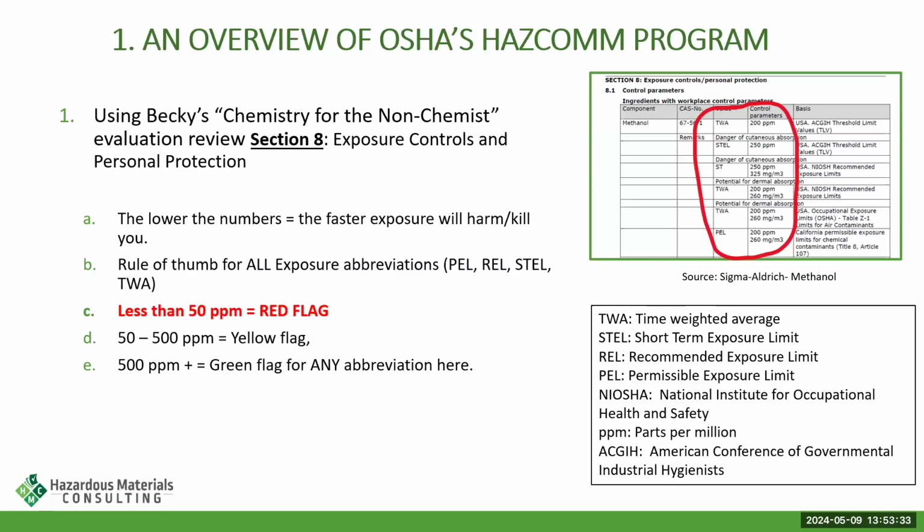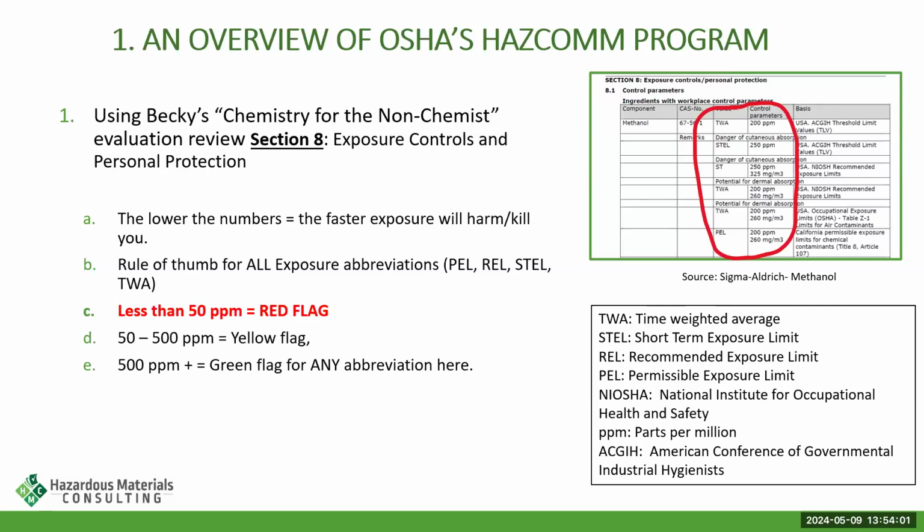In industry, and I work with industry a lot, we've developed kind of a little rule of thumb gauge for these. If I go to section 8 and I see that all of those numbers, the TWA, the REL, the PEL, the STEL, if all of those numbers are 50 parts per million or lower, those chemicals fall into what I call the red flag zone.